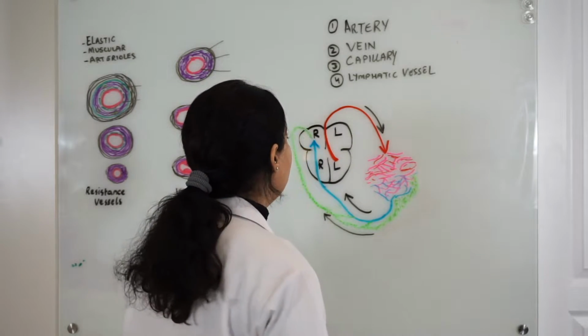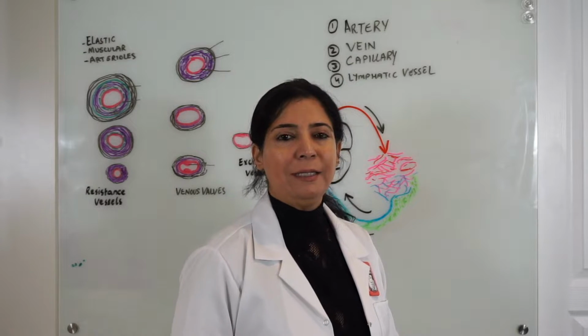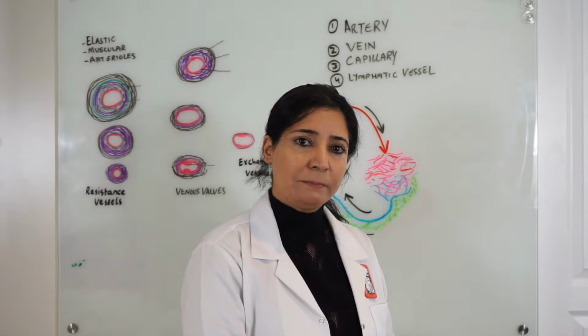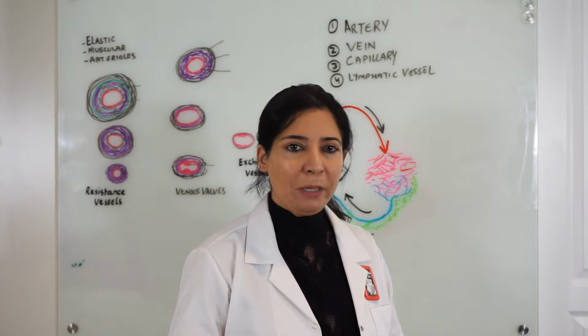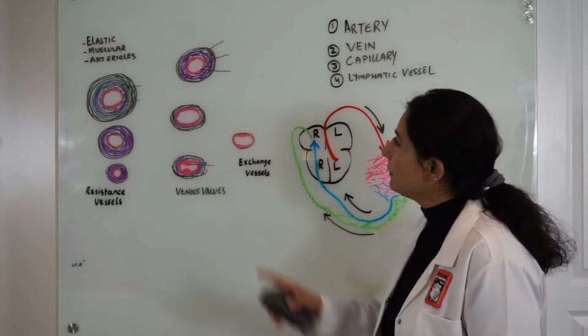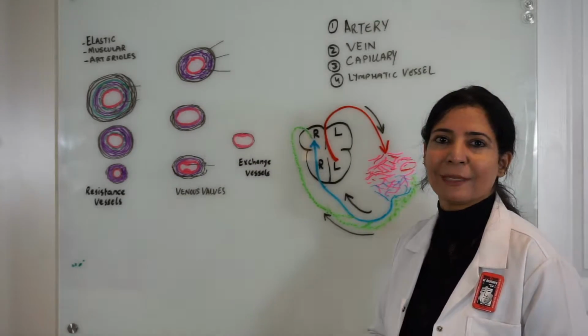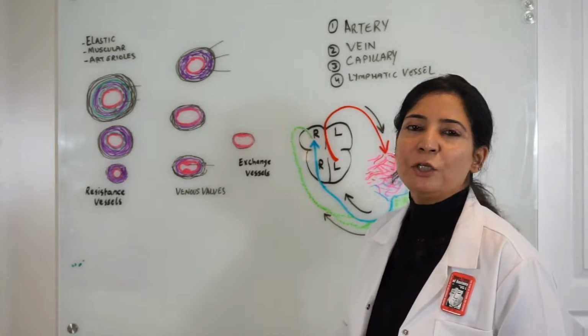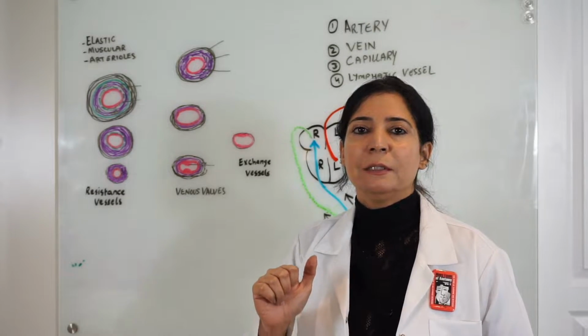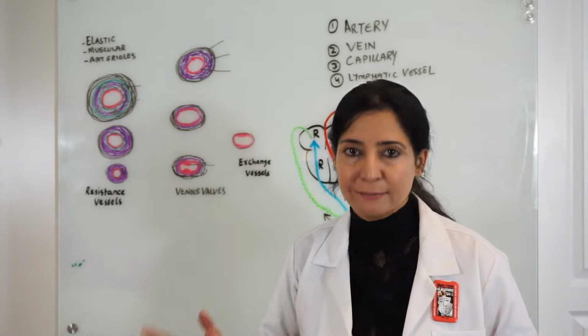Okay, now let's elaborate upon the anatomical structure of these vessels. So I'll take one by one. Let's start from this drawing. This is a basic drawing showing us the wall of a tube, a vessel.